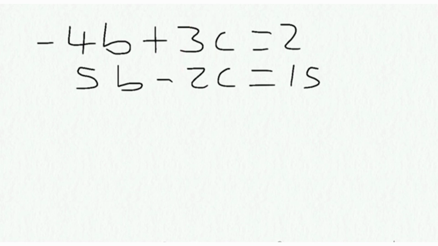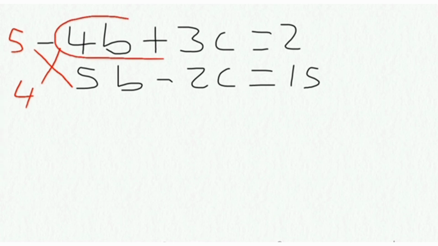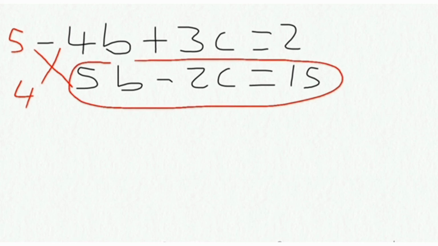Let us do it. Let us make b equal to 0. You have to cross multiply times 4, cross multiply times 5. Super easy. This whole equation will be multiplied by 5. And this whole equation will be multiplied by 4.